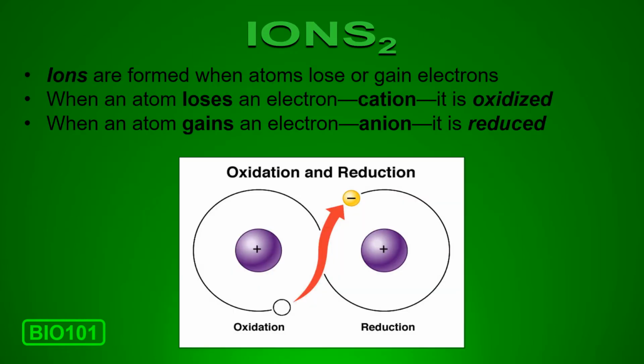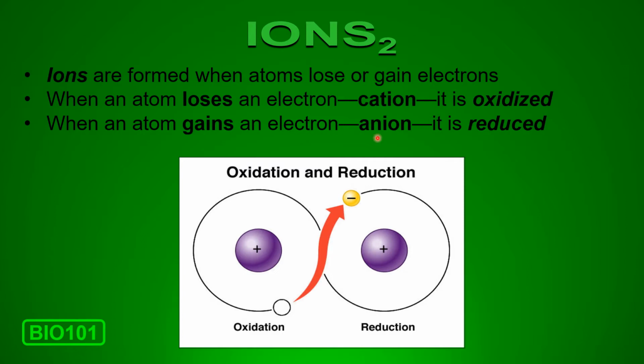So ions, once again, are formed when atoms lose or gain electrons. When an atom loses an electron, we call that a cation, it becomes more and more positive, and we say that the atom has been oxidized. The process is called oxidation. And when an atom gains an electron, it becomes more and more negative, right?